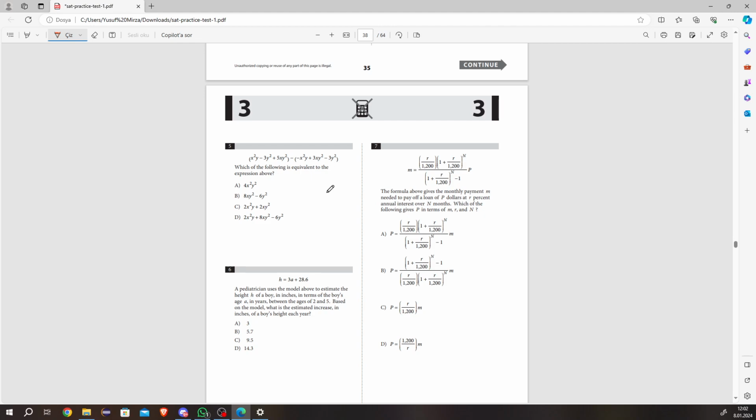Which of the following is equivalent to the expression above? It's simply taking it. If you do that, this one will be, sorry, let's change the color, this one should be 1 minus, and it's minus 3, it's 3.